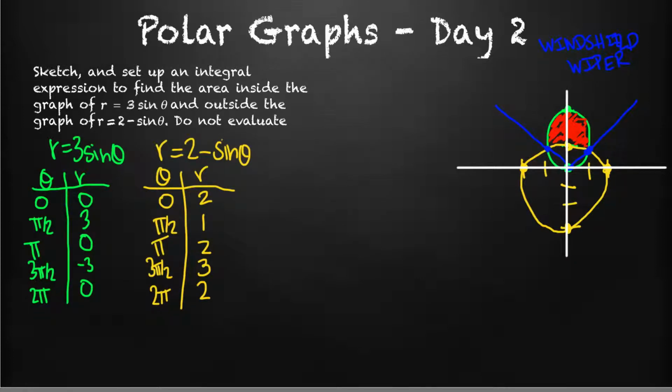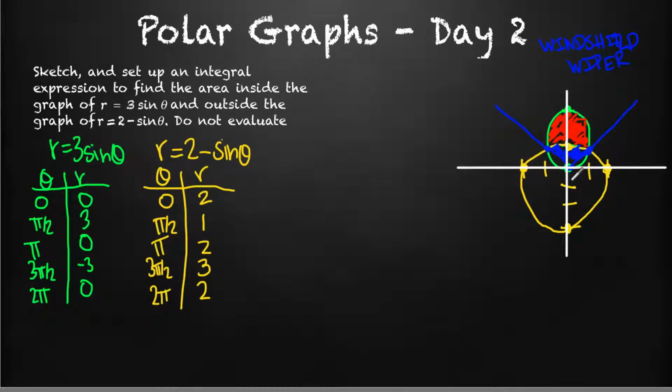It's important to know that you are going to get not only the red area, but you're also going to get this little area right here as well when you integrate the green curve from this angle to that angle. You're going to get the red area plus the blue area. But if you integrate the yellow curve from this angle to this angle, then you will only get the blue area.